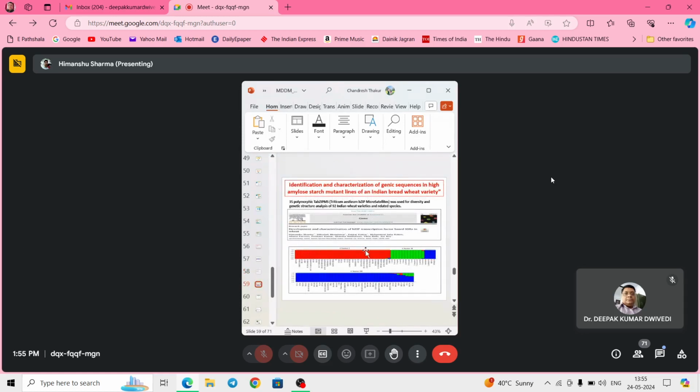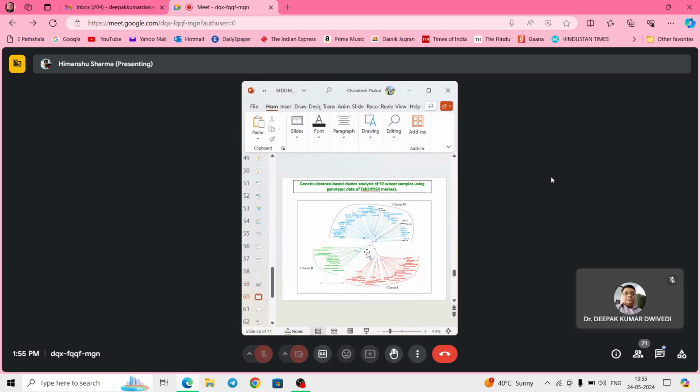We characterized 100 individuals of wheat and mined different novel markers which we will use for genetic diversity. These three colors represent the three clusters present in the gene pool. You can see this is a clear-cut application of these markers.